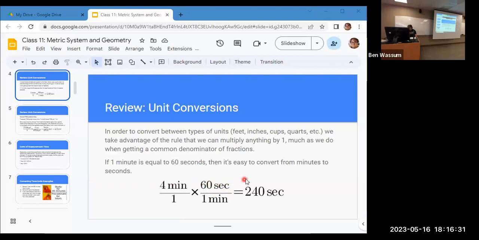You do your multiplication across on top and on bottom. In this case, it's 1 times 1 on the bottom, so you don't need to say it's over 1. So you end up with however many seconds we got. In this case, it's 240. But that's the general idea with all of these: you just multiply by some conversion factor that will switch you from one unit to another unit.